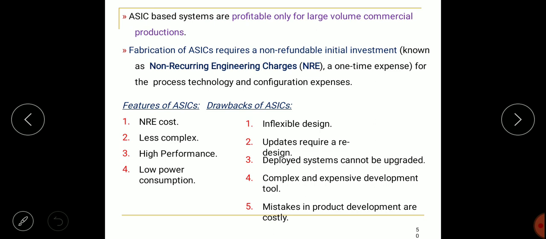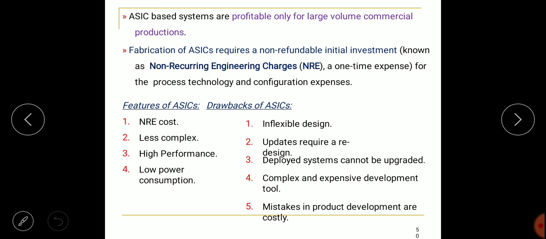And next point, fabrication of ASICs requires a non-refundable initial investment, known as non-recurring engineering charges (NRE), a one-time expense for the process, technology, and configuration expenses. So while designing the processor for the customer requirement or application, the initial cost is what it takes, and after that the remaining production of multi-millions of products is to be manufactured.